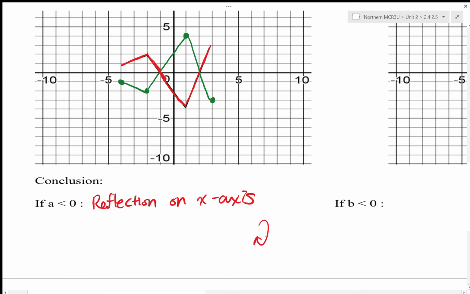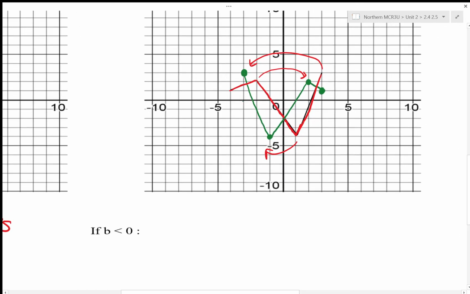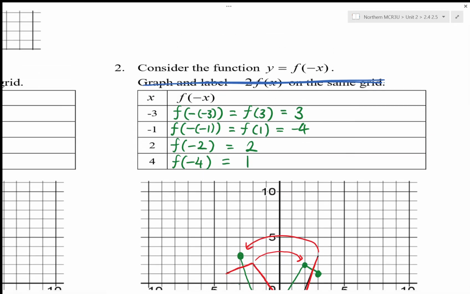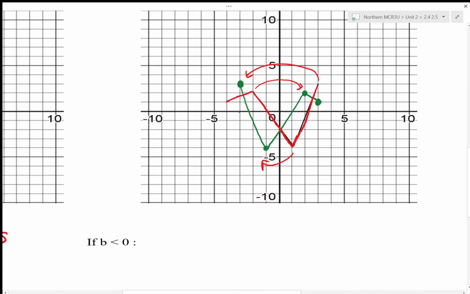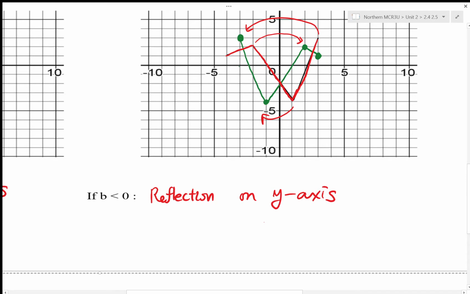Now, if the b value, which is the value sitting in front of the x inside of the function, so in this case, this is my b, and b is -1. If the b is negative, then it's the reflection on the y-axis. So this means that you're actually rotating the function sideways, okay? So remember this, it's actually very important.